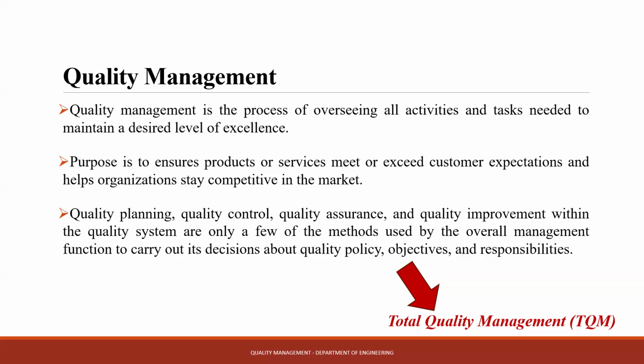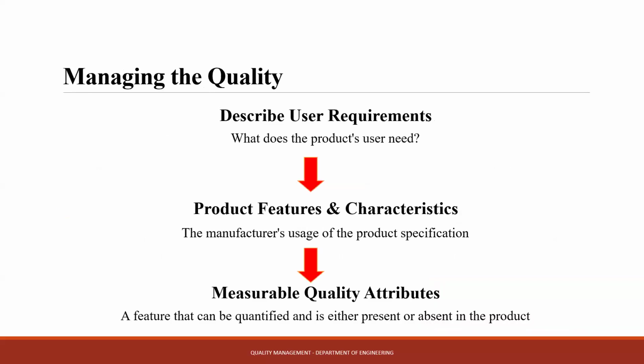And we mainly focus on customer satisfaction. We focus on customer expectation. Employee empowerment and full employee engagement should be there. And we always try to continuously improve our processes under total quality management, right?